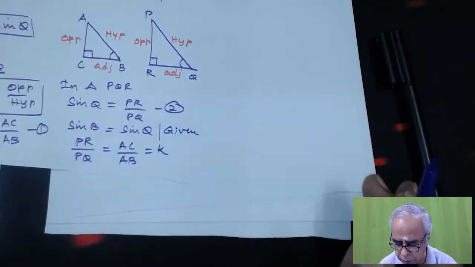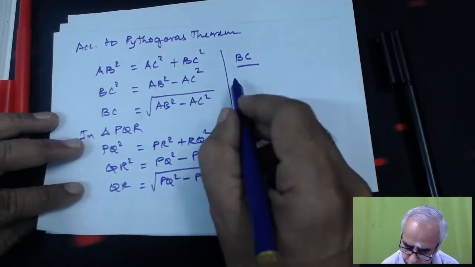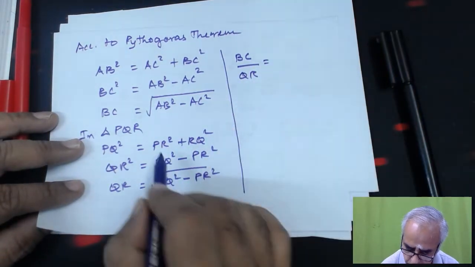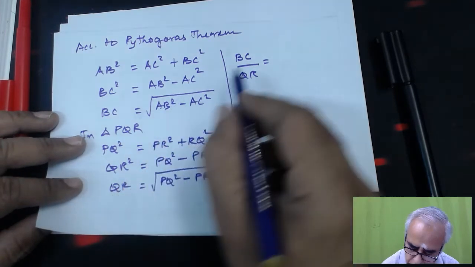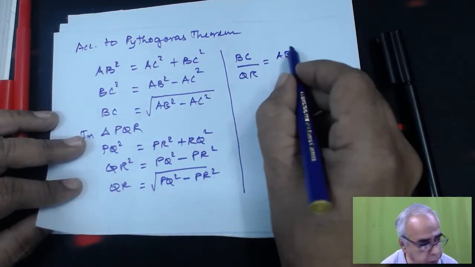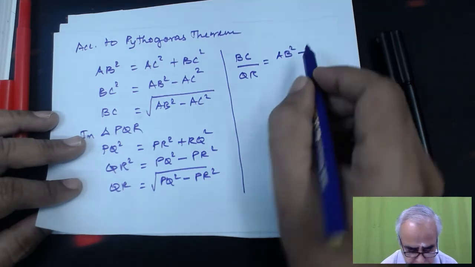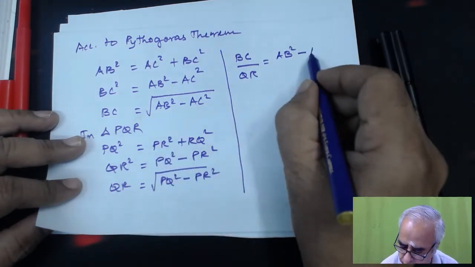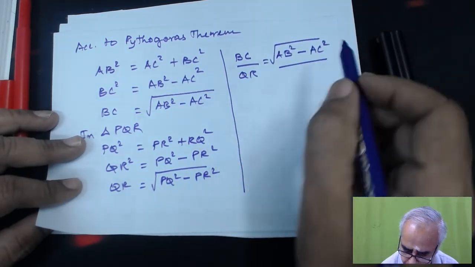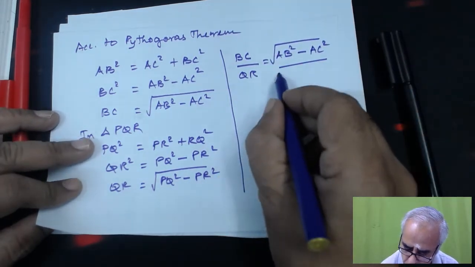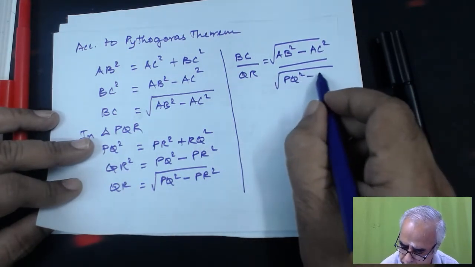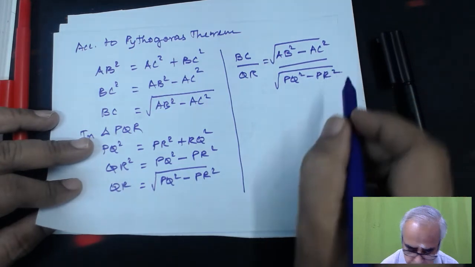BC by QR is equal to, BC is nothing but the square root of AB squared minus AC squared, divided by the square root of PQ squared minus PR squared.